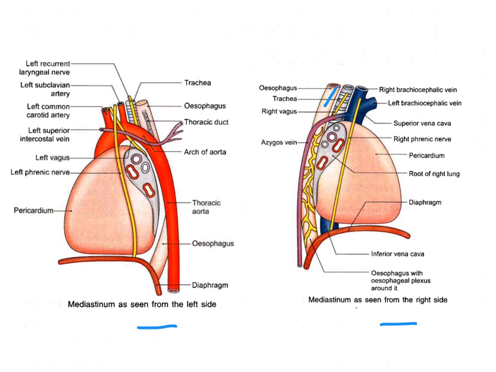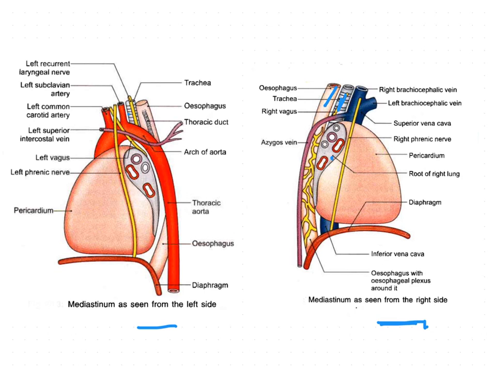Now on the right side, it is related to the right lung. Here you can see the root of the right lung and pleura. Here you can see the right vagus nerve.